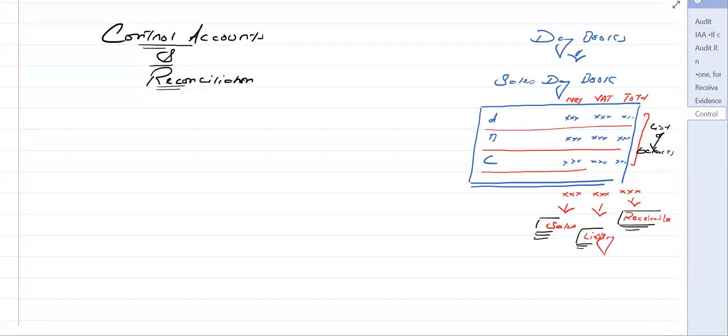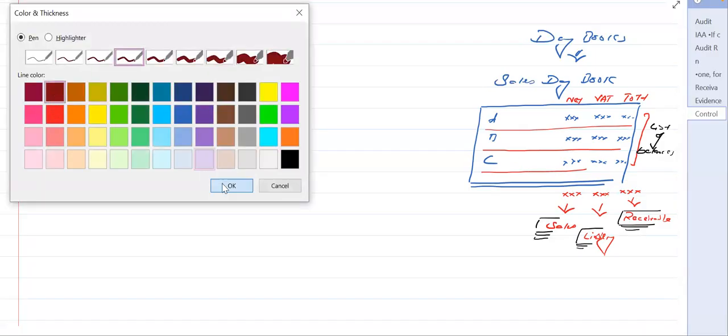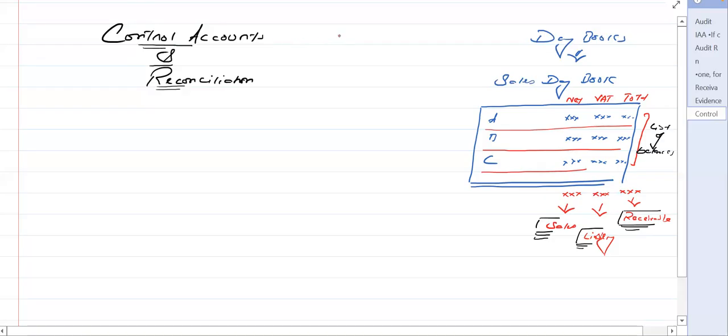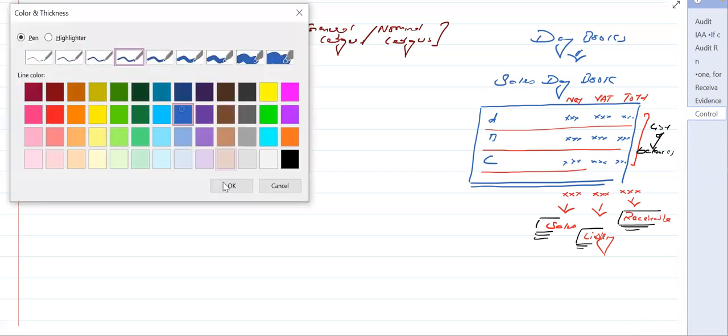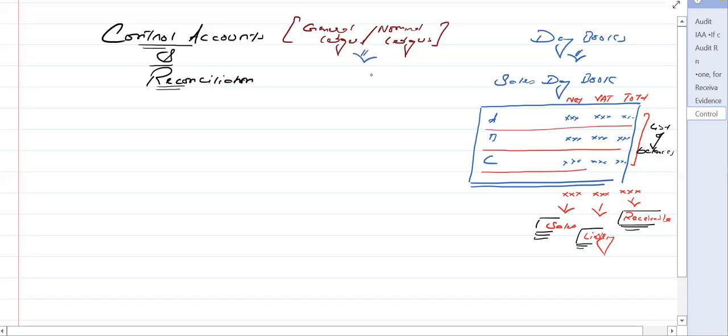Now remember that a control account is simply the nominal ledger or the general ledger, in which we have the total figures.